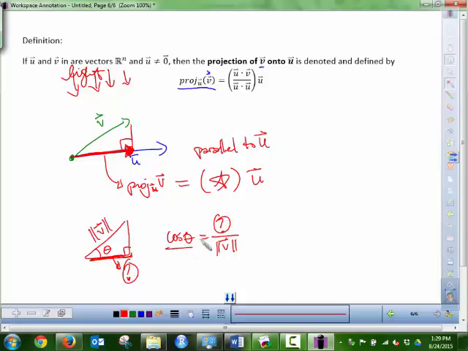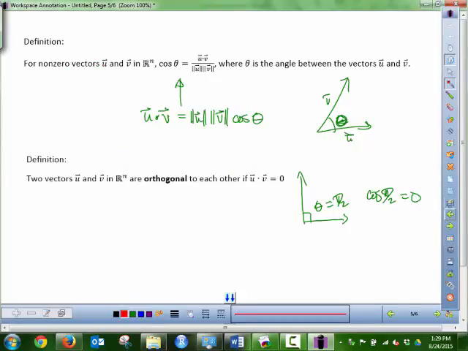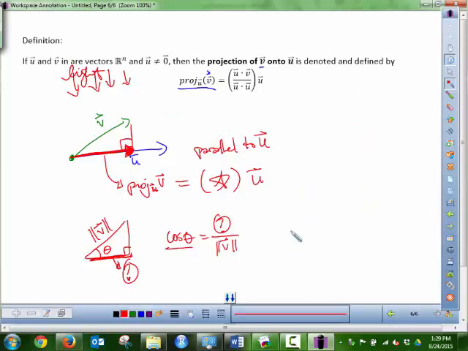Wait, the cosine of theta, that was a formula from the dot product, right? The cosine of theta is a dot product divided by the magnitudes.